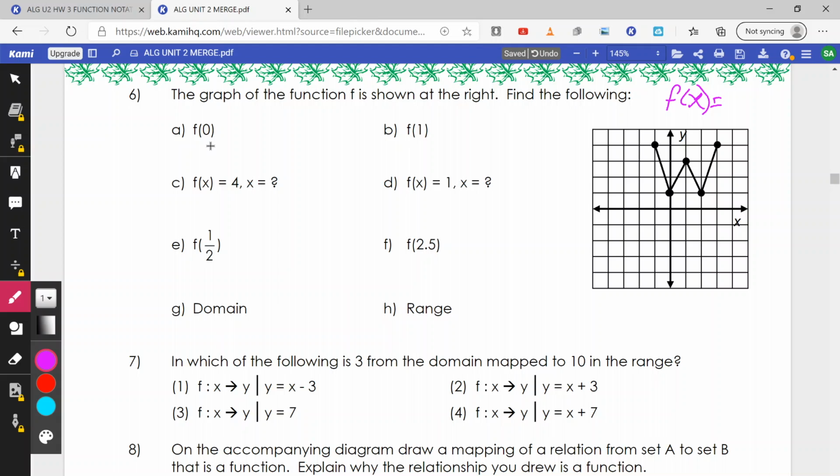So we have to take a look at what happens here when we have to figure out what f of 0 is, what f of 1 is, and all that.